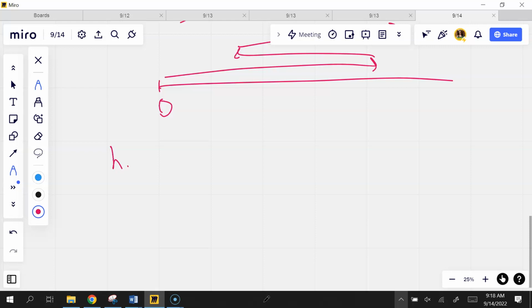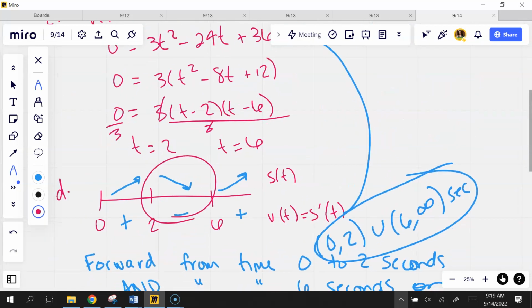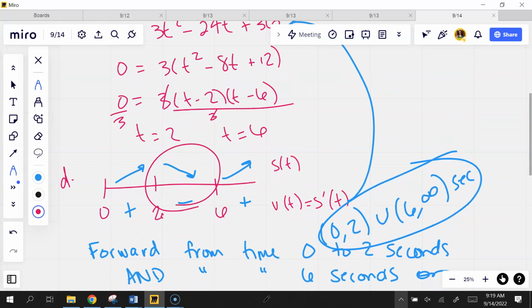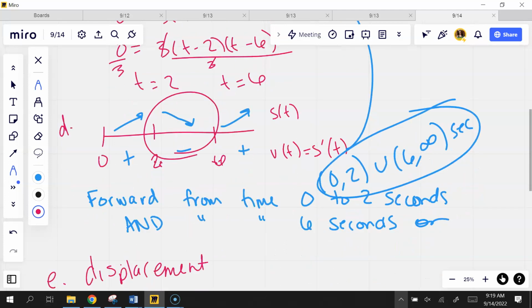When we get to integrals, we'll do total distance traveled. It's a more efficient way of doing it instead of confusing you more. The only way you could do it now is if you did displacement from 0 to 2, and then displacement from 2 to 6, and then displacement from 6 to 8, and then added all those together.